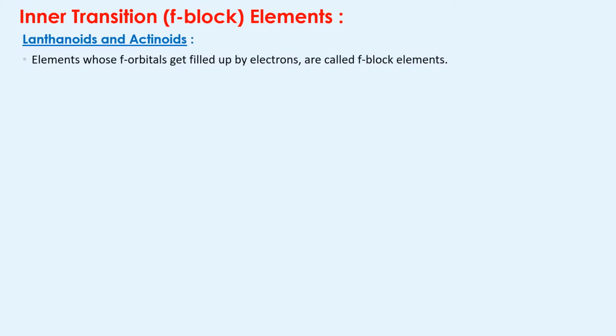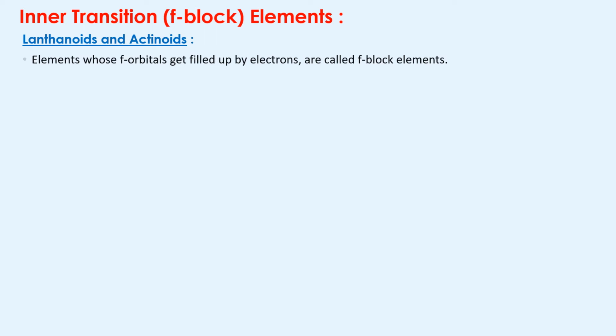Now we start with our next part, that is inner transition f block elements. Now in inner transition f block elements, we have to cover lanthanoid and actinoid elements. Okay, so now see, as the element is an f block element, means what?